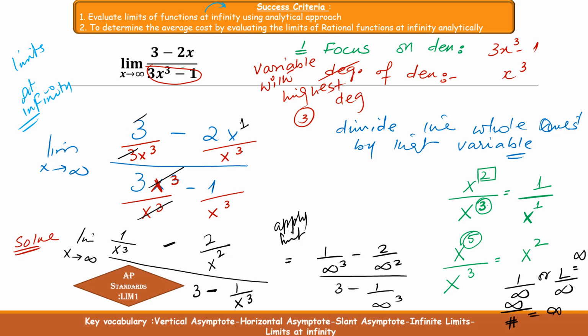Okay, so here 1 over infinity gives us 0, minus 2 over infinity 0, 3 minus 1 over infinity is 0. 0 minus 0 is 0, 3 minus 0 is 3, and 0 divided by 3, the answer is 0.